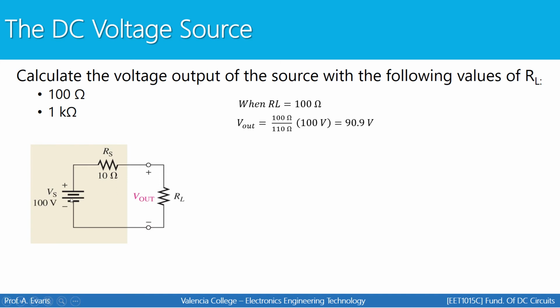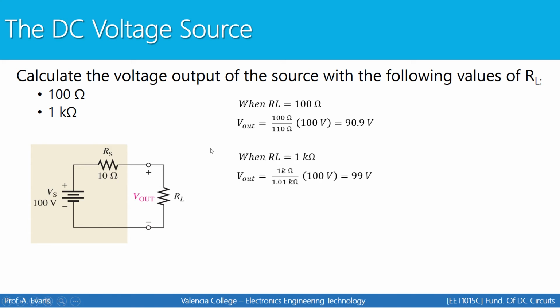So when we connect a load to this DC power supply, if it has an internal resistance of 10 ohms, I may manually set the power supply to deliver 100 volts, but what I'm really going to get out across my load is closer to 91 volts. This is how the internal resistance of a power supply can affect the output voltage that you can get to deliver to a load.